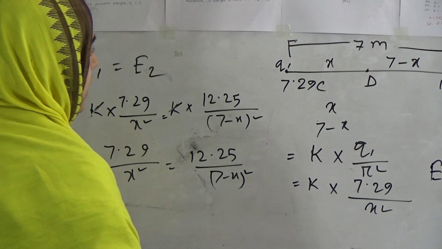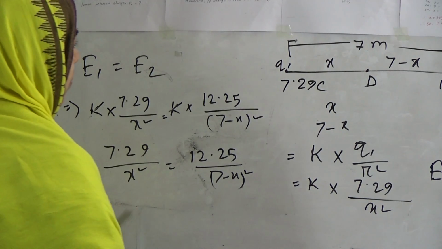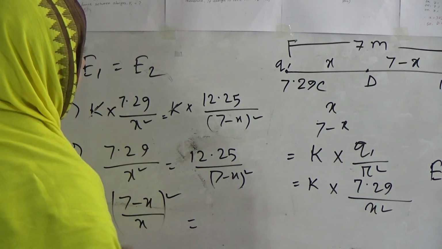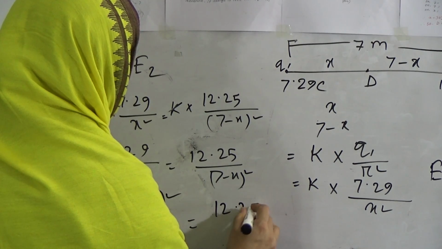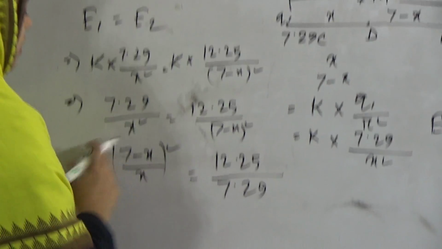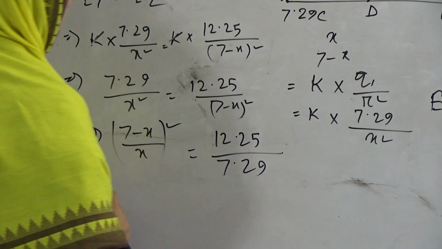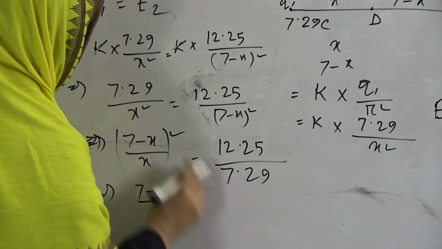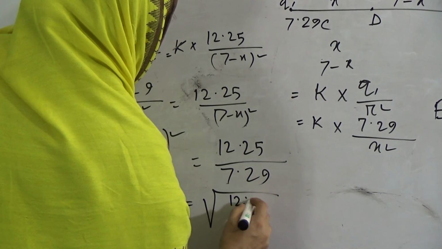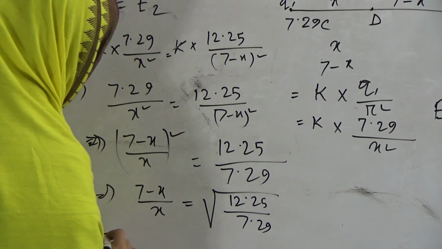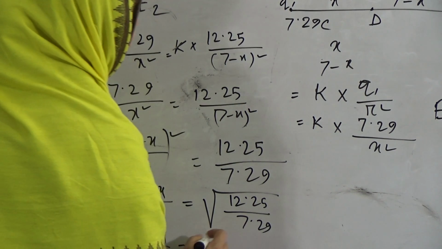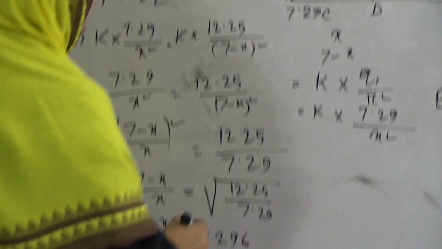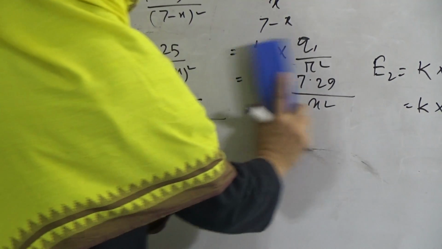Now we can write 7 minus x divided by x, whole square, equals 12.25 divided by 7.29, just a cross side change. Taking the square root, 7 minus x divided by x will be root over 12.25 divided by 7.29, which is 1.296 something. Now do the cross multiplication.